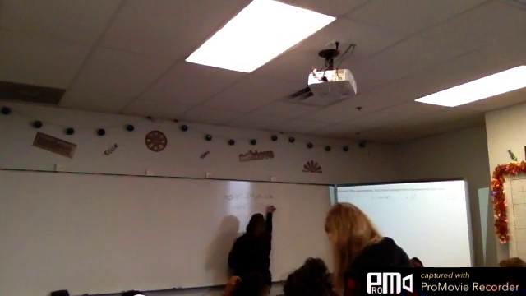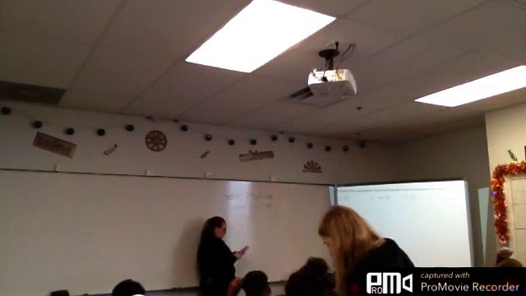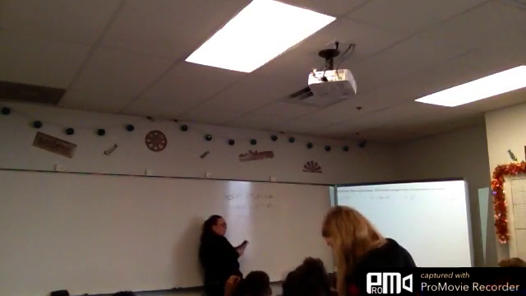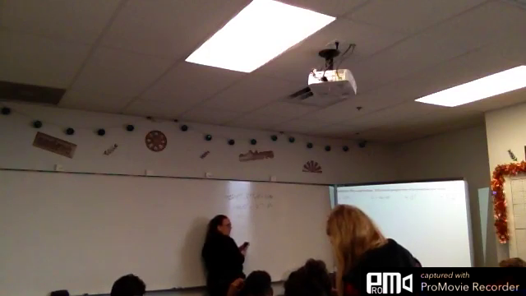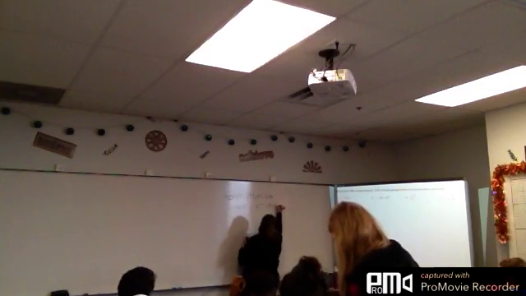So you get -8 to the 4th. Now you can use your calculator. And if you don't use parentheses, it's gonna come out negative. Would that be a correct answer? No, why? Because anything that's an even power is gonna come out to a positive. So -8 to the 4th should give you 4096.